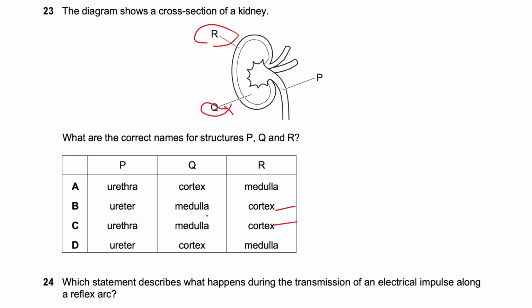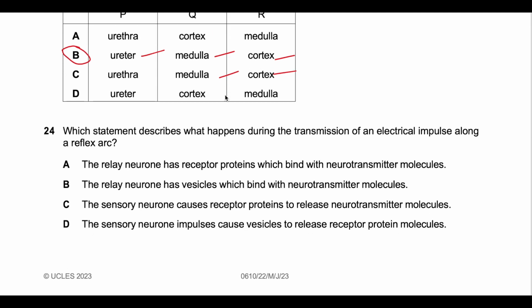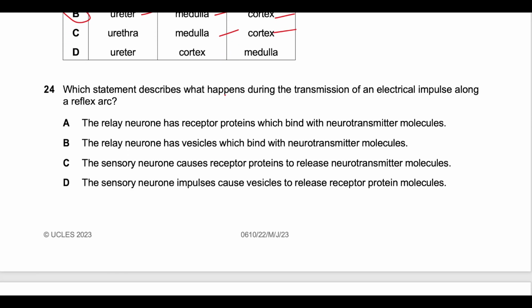Where is the medulla here? Also B and C. Now, P will give the right answer, and P is the ureter. Where is the ureter? Take care, as I mentioned, there's a difference between the ureter and the urethra, so the right answer now is B.